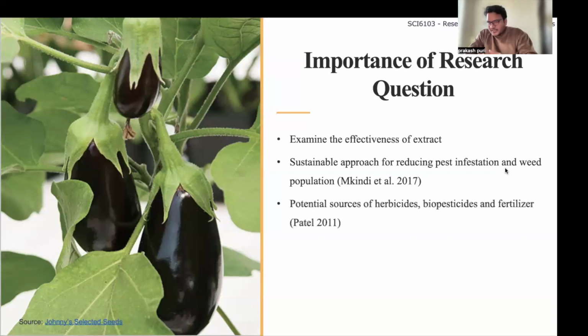It can be a potential source of herbicides, biopesticides, and fertilizers. It benefits the farmer, who can benefit through reduced use of harmful pesticides and chemicals. It helps to increase crop yield, improve agricultural practices, and improve farmer livelihoods.